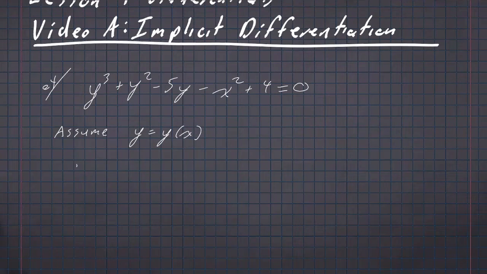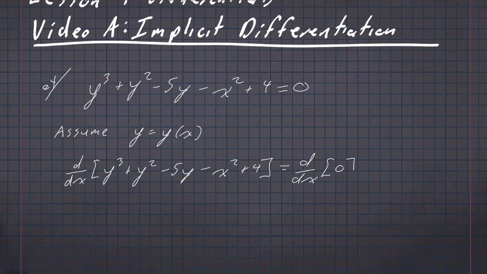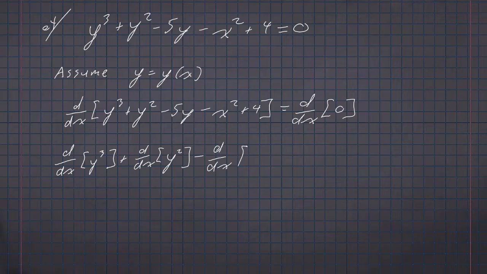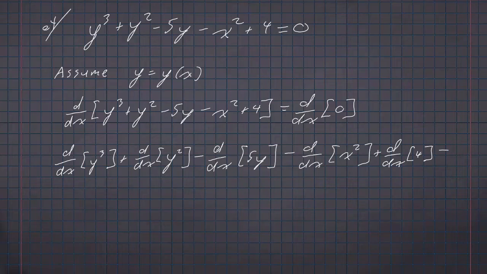Then, if we take the derivative of both sides of this equation, we can use the linear property of the derivative to split this up and separately take the derivative of y cubed and of y squared, of 5y, x squared, and then on the right hand side we might as well note the derivative of 0 is 0.